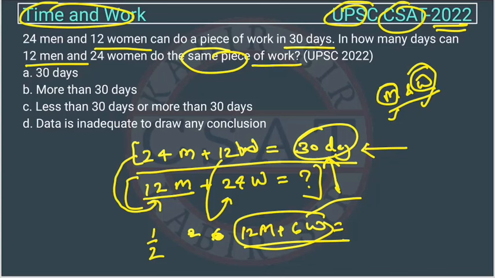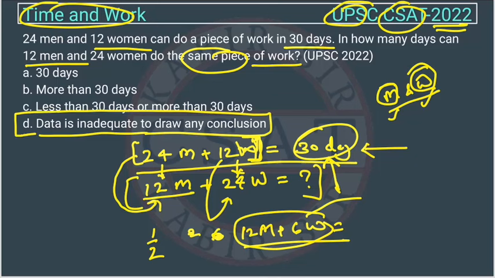We could have inferred information if the ratio of change had been the same, as I told you, like 1 by 3, or if the change on this side with men and women had been in the same proportion, then we could have made some inference. But now we can't make any inference. So the answer would be that the data is inadequate to draw any conclusion, right? So this will be the best possible answer. So its answer is option D, right?